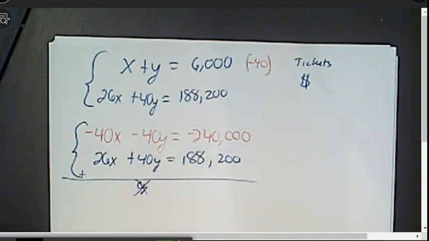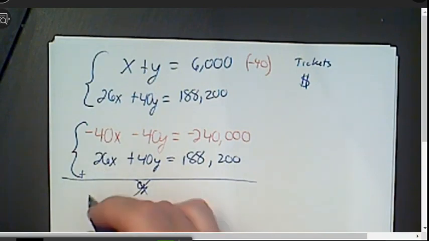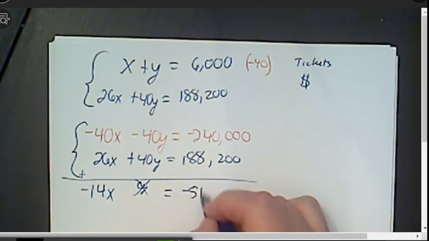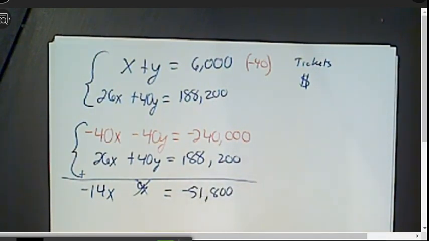We've got negative 40 plus 26, that's going to be negative 14x. People start to get worried because you can't have negative tickets. Well, when you subtract these two, that's going to take care of it, because the other side is going to be a negative number too: negative 51,800.